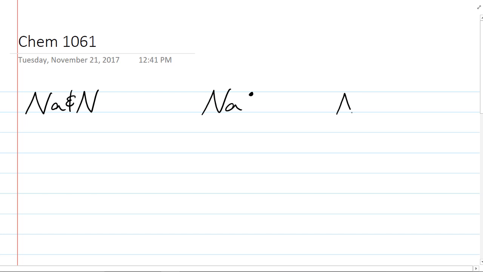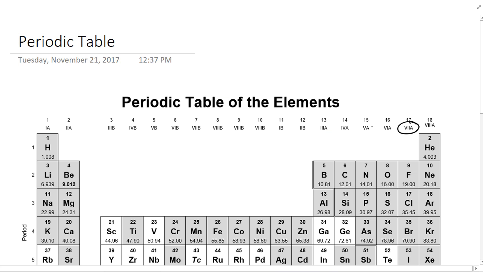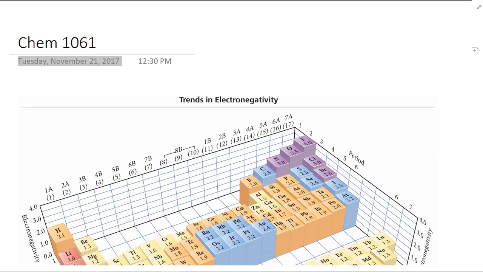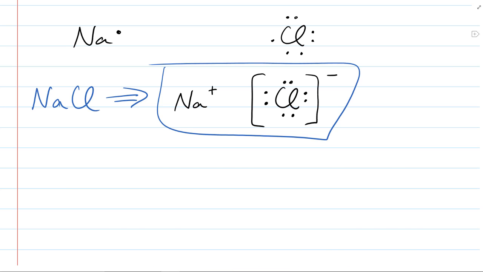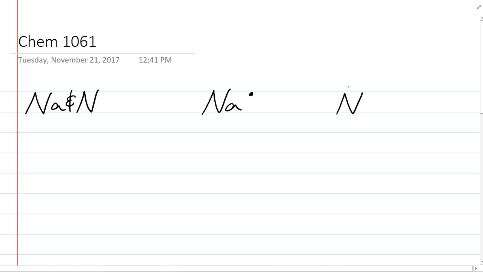And if we go to nitrogen, how many valence electrons on the nitrogen? I hear 5, I hear 6. How many is it? 5, because it's in group 5A. It means it has 5 valence electrons. So we put in, where do I have them? Right here. 1, 2, 3, 4, 5.